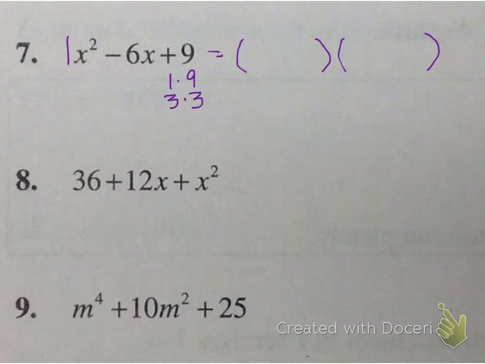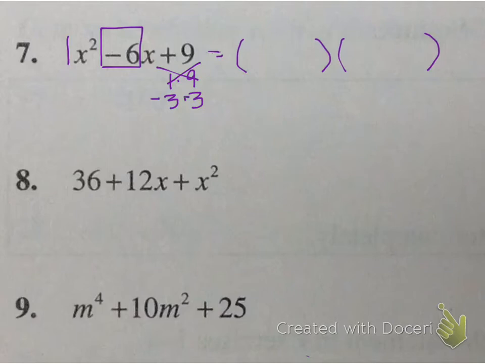I need factors of 9 that add to be negative 6. Well, definitely will not be the 1 and 9, and I can get positive 9 when I multiply if my signs are the same, and I can get negative 6 when I add if both my numbers are indeed negative.